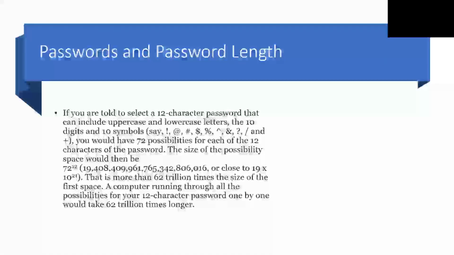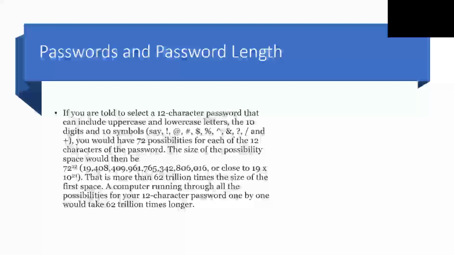Regarding passwords and password lengths, if you're told to select a 12-character password that can include uppercase and lowercase letters, the 10 digits, and symbols, you would have 72 possibilities for each of the 12 characters of the password. The size of the possibility space would then be 72 to the 12th power, which is more than 62 trillion times the size of the first space using one character.